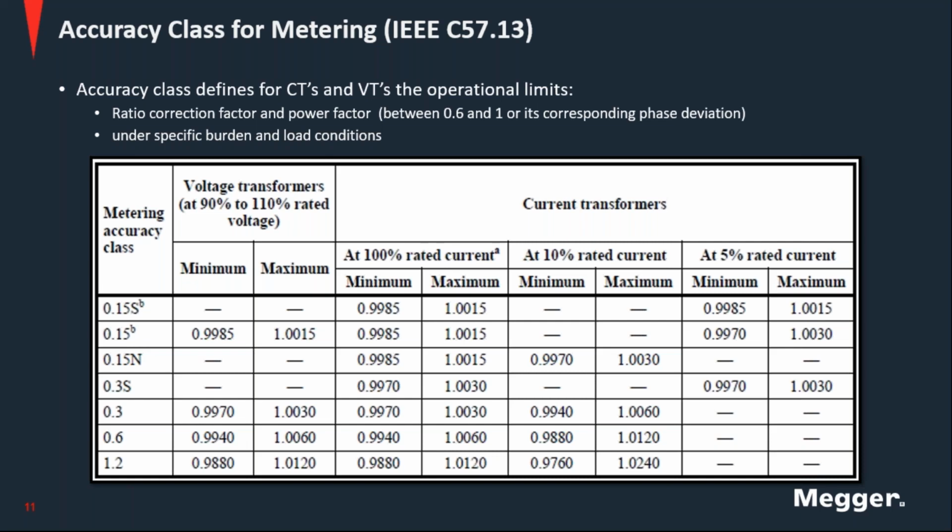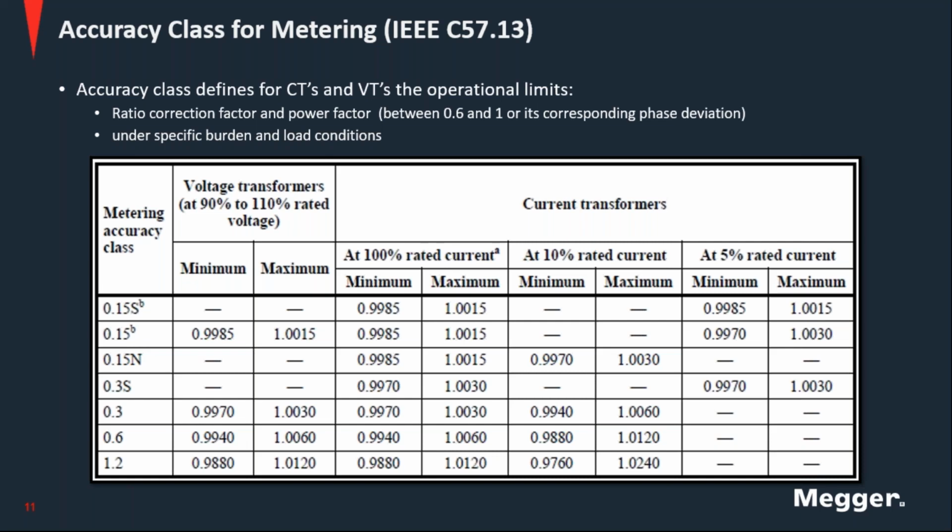Every transformer has a transformer ratio, and you can define the ratio correction factor from that error, creating a minimum and a maximum deviation in magnitude, and we also have the maximum deviation in phase.